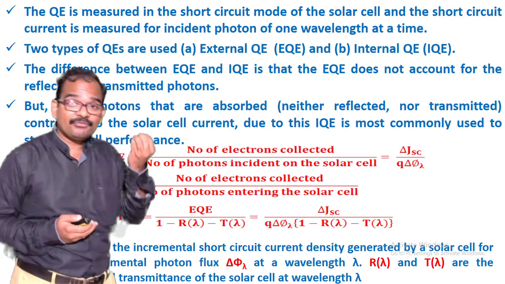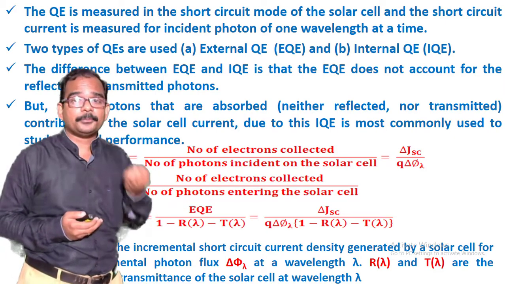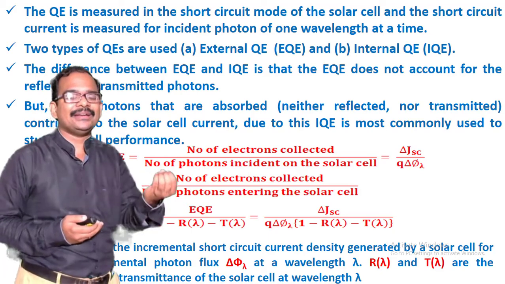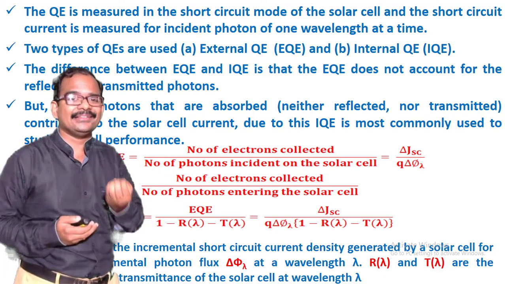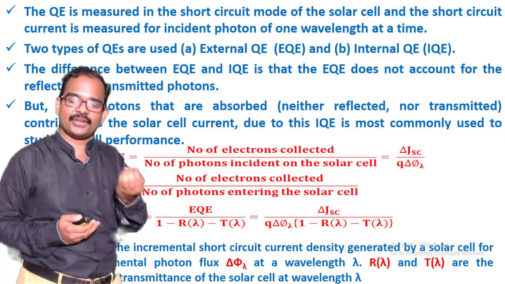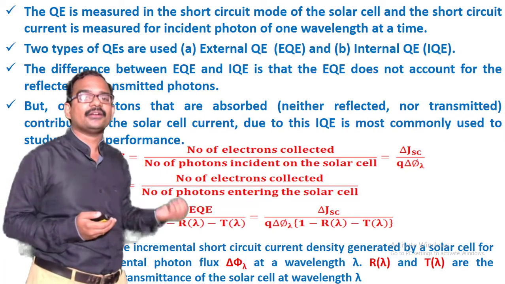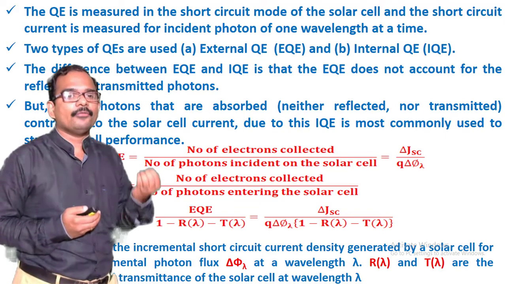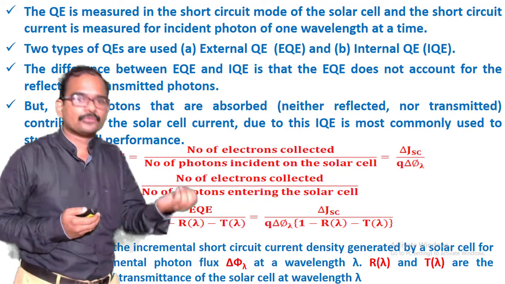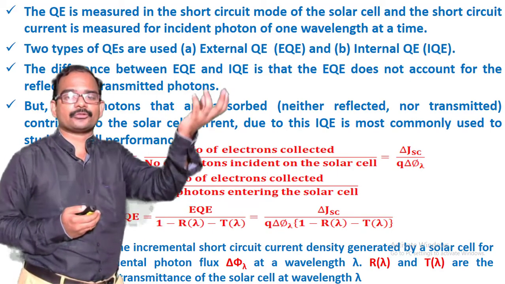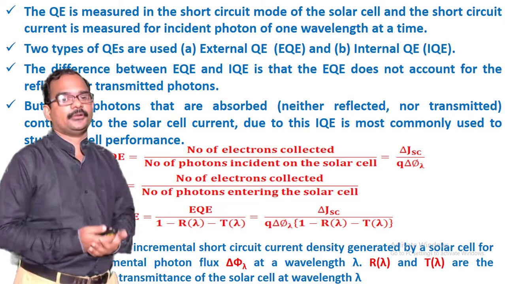But internal quantum efficiency will account for both reflected and transmitted photons, and thereby it will take a value of 8 in the denominator, because one photon got reflected and one more photon got transmitted from the rear end of the solar cell. So the net amount of photons available for the solar cell is only 8, and from this 8 we got 8 electrons. So 8 by 8 will be 100%.